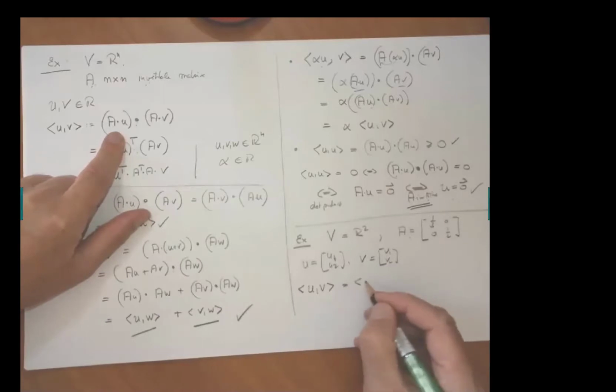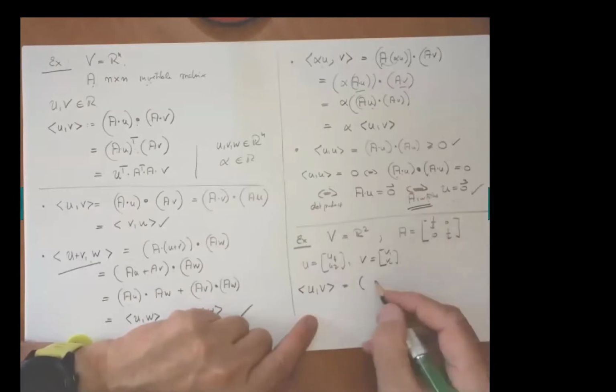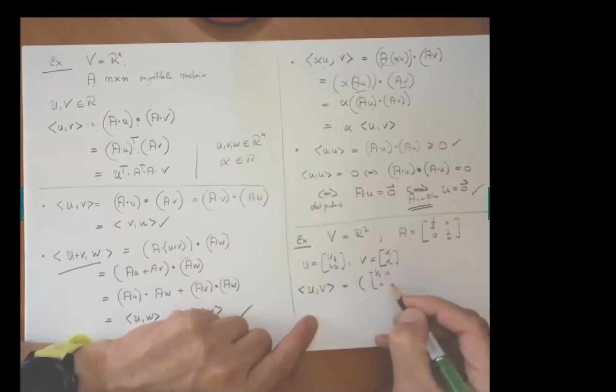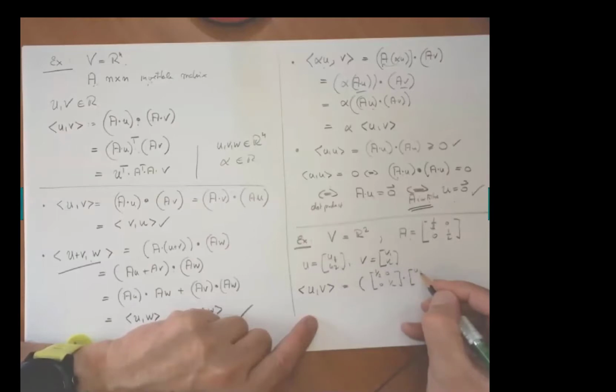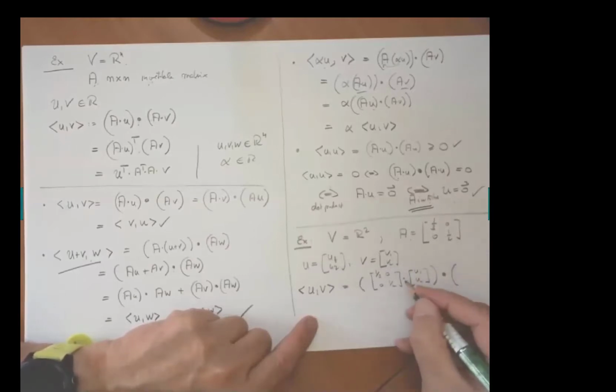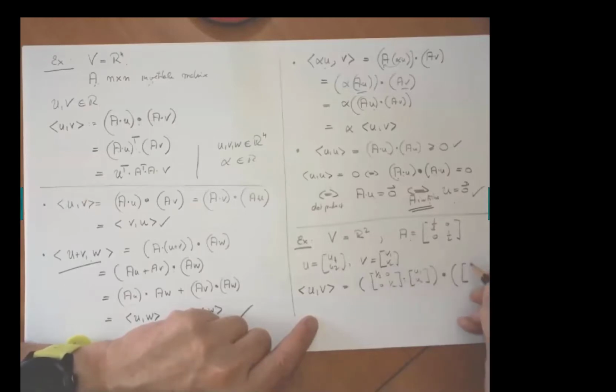It is the dot product between this matrix times u and this matrix times v. This is matrix-vector, and this is the dot product. Then we do here again [1/3, 0; 0, 1/2] times (v1, v2).